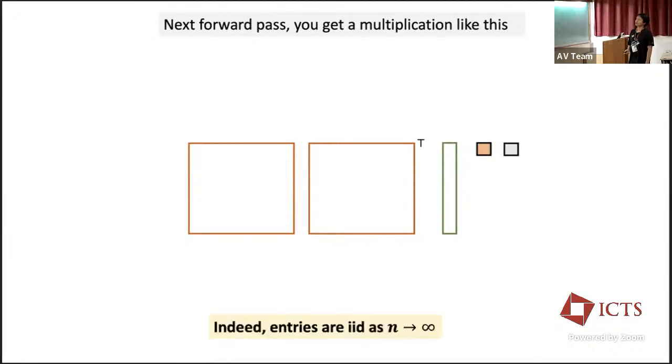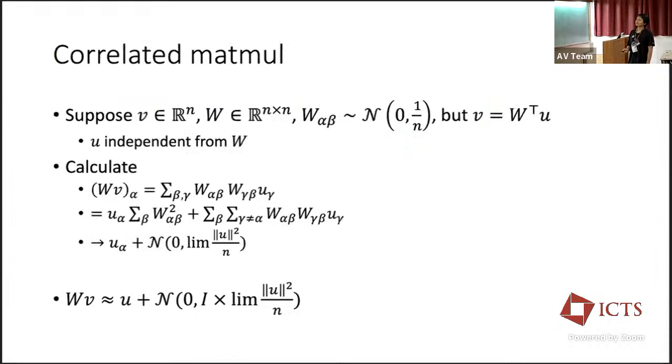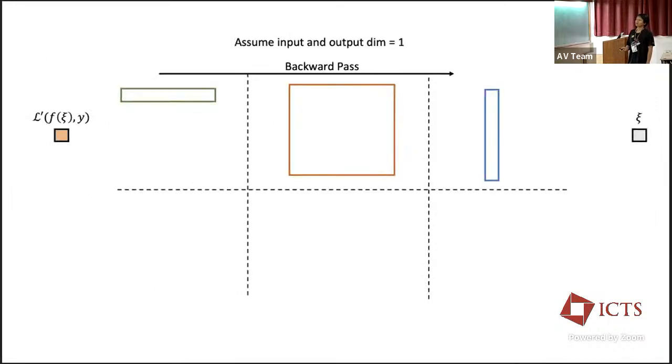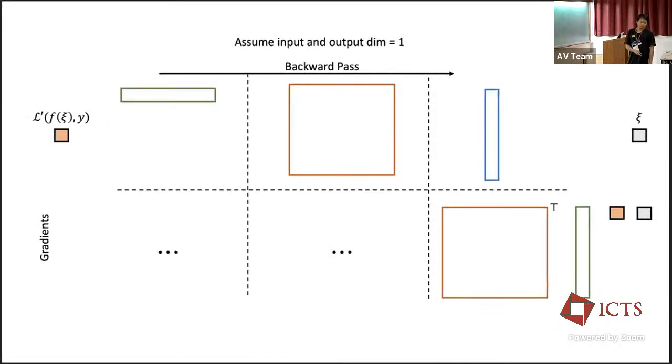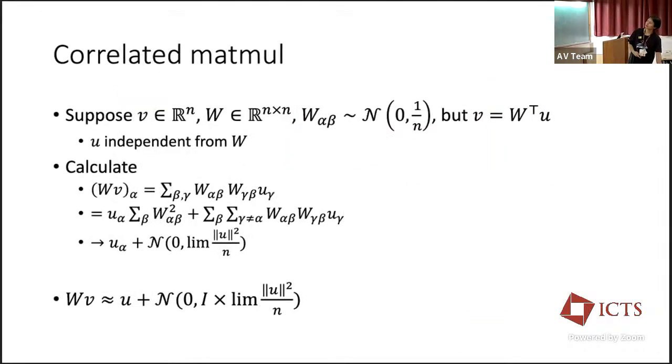So now the answer is, first of all, indeed, the entries are IID as n goes to infinity, because of what I said here. WV is U, which is roughly IID, and this thing you can just assume goes to 1. So this is also IID.